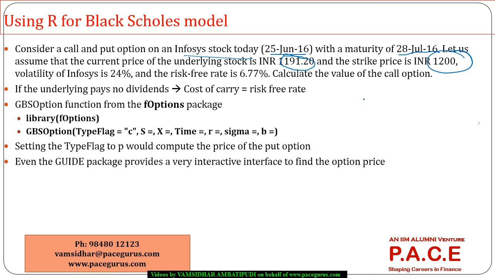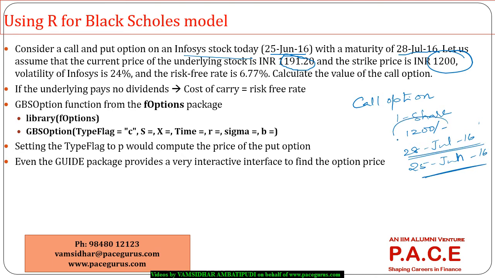If I'm saying I want to go for a call option, it means that I'm interested in buying one share of Infosys at 1200 rupees on 28th July 2016, and that I want to decide today. I mean, the price I have fixed today, the deal I am entering into today.